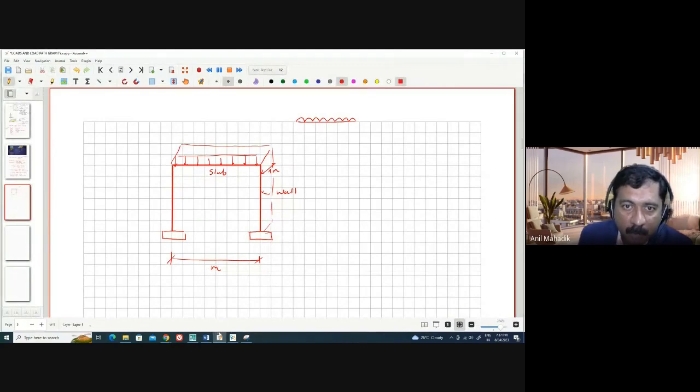Span of the slab is 6 meters. Now if I split this loading diagram in parts, the loading diagram of the slab should look like this. And that is the load. 6 meters. Now tell me, what is the load of the slab here?